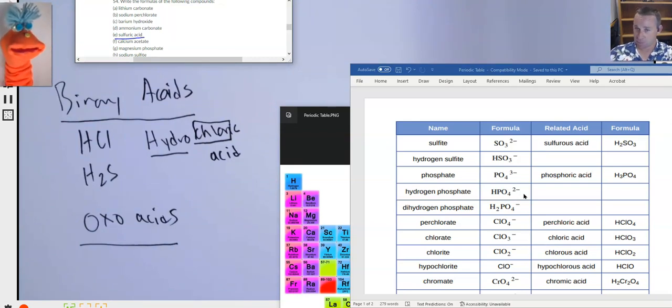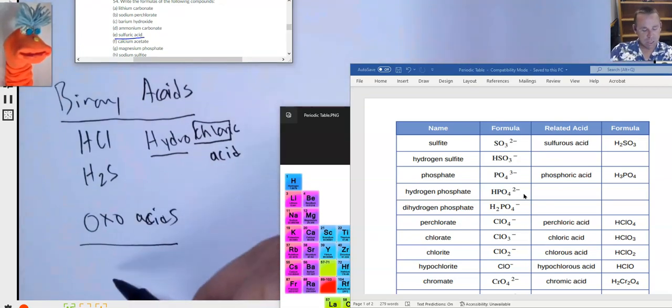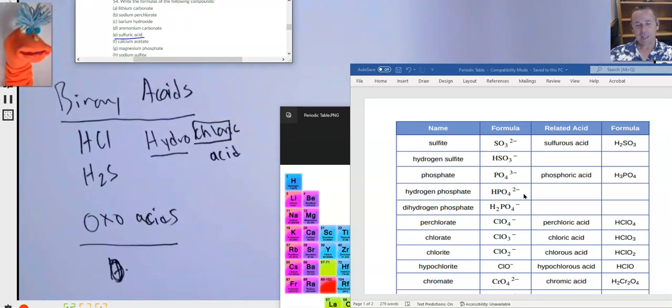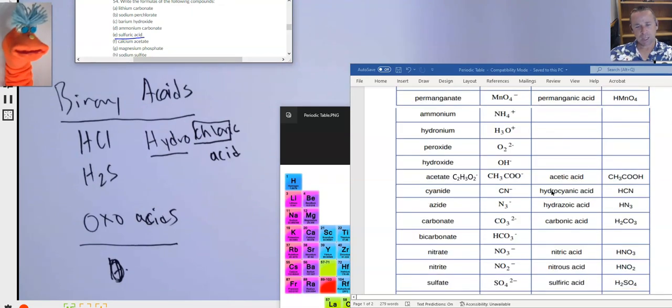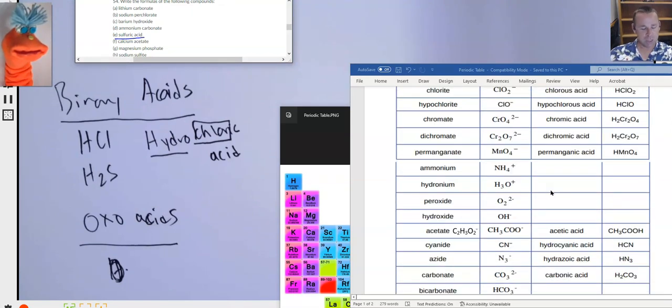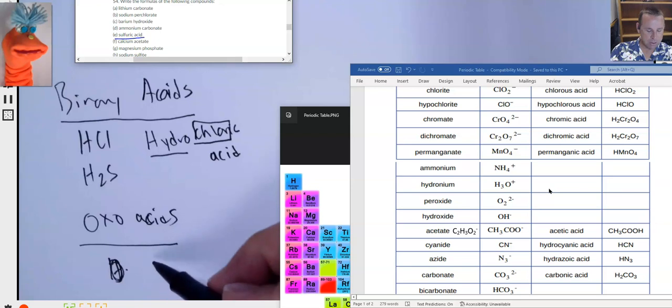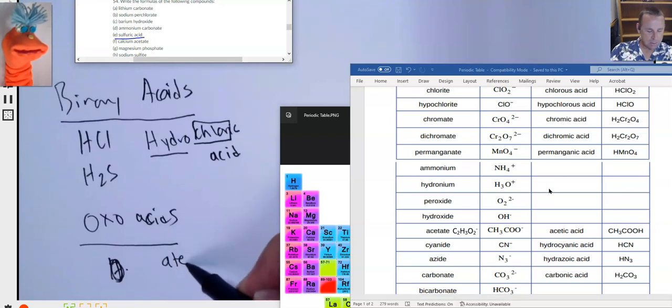Contain oxygen? That's right, contain oxygen. Oxoacids are acids that contain oxygen. H2SO4, sulfuric acid, is an example. We can find sulfuric acid by remembering that for oxoacids, if the polyatomic ion ends in -ate, then the acid ends in -ic.